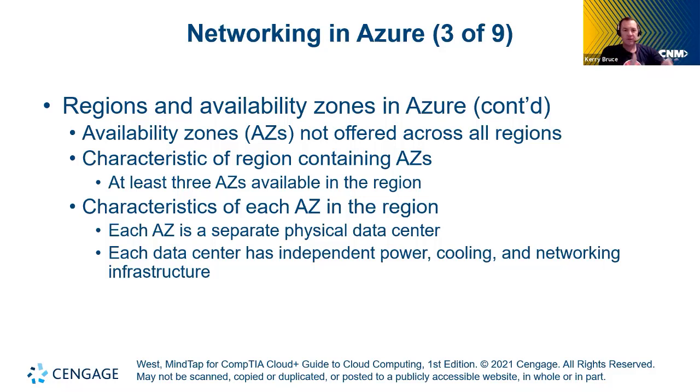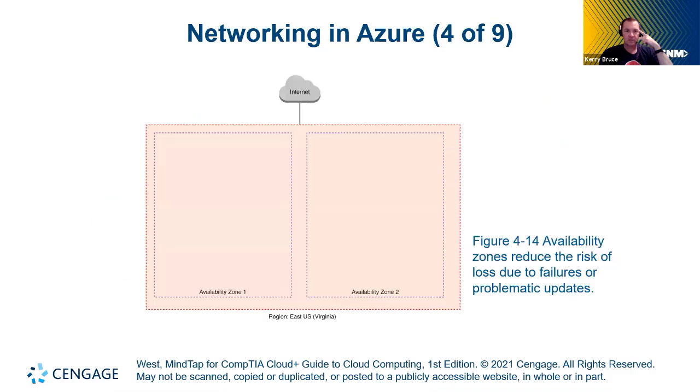Okay. An availability zone, just like Amazon, is a separate data center with independent power, cooling, network infrastructure, all the bells and whistles, each one of them. Okay. So if you're working with Azure and you're using an availability zone, understand that you are in a region that has at least 3 availability zones available to you.